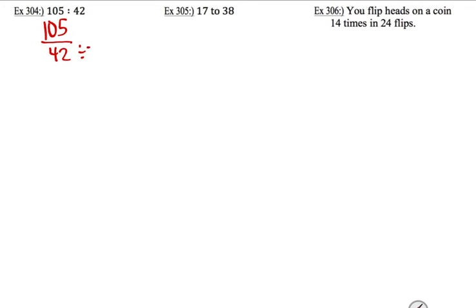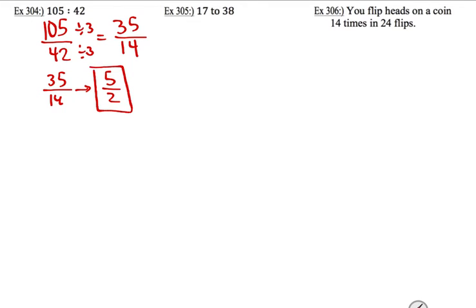Well, I know 3 goes into both of those. That'd be 35 over 14. 35 and 14 both divide by 7. So we'll reduce it further to 5 halves. So this ratio reduces to 5 halves.